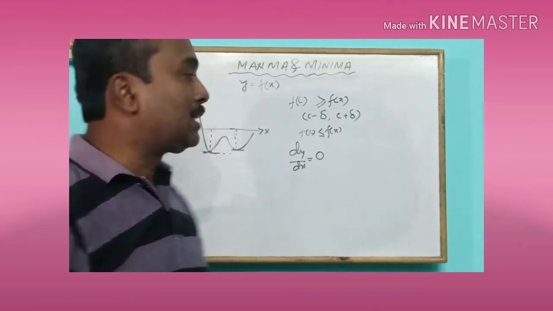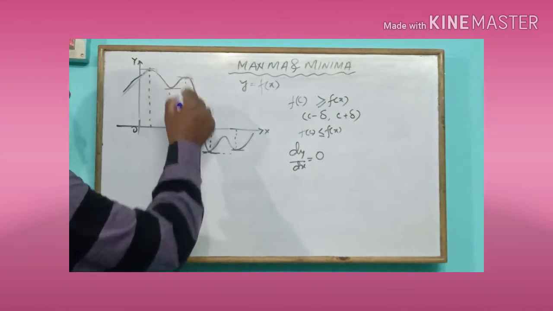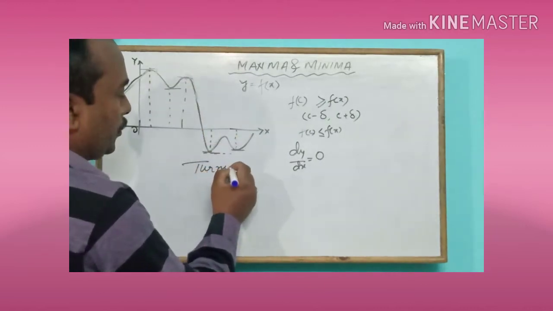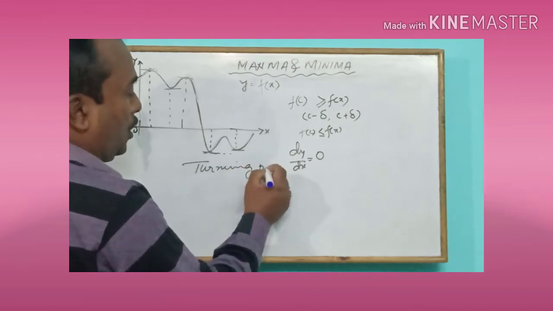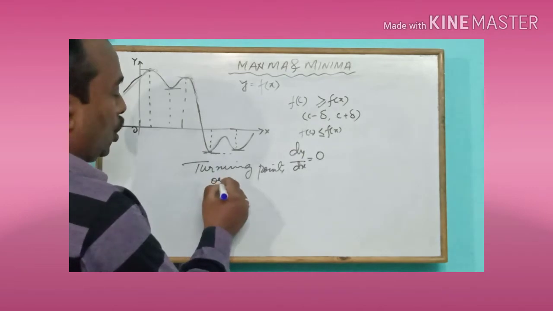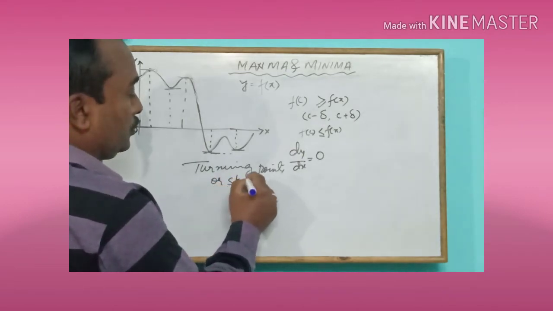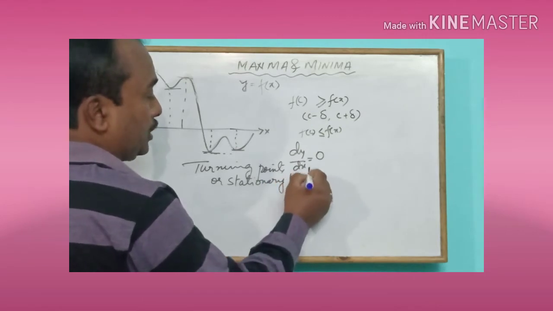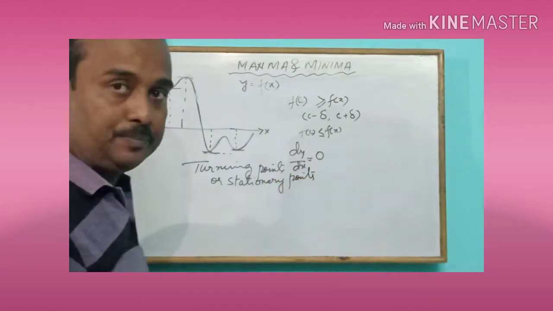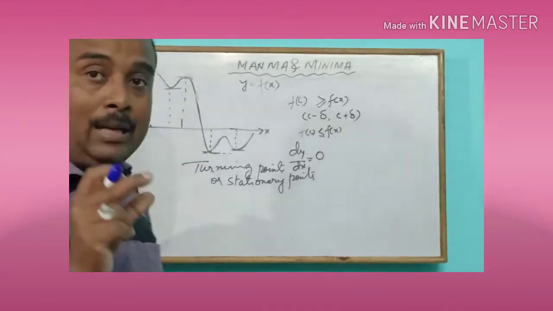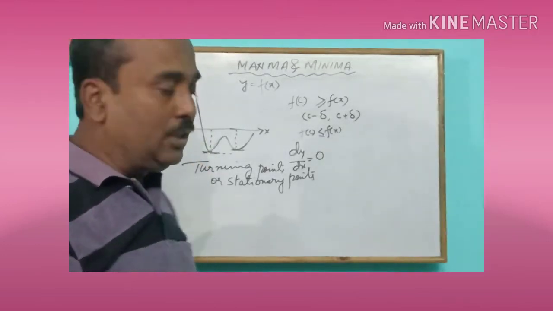These points are known as turning points, or stationary points, or sometimes critical points. So turning points are the points where dy by dx is 0.